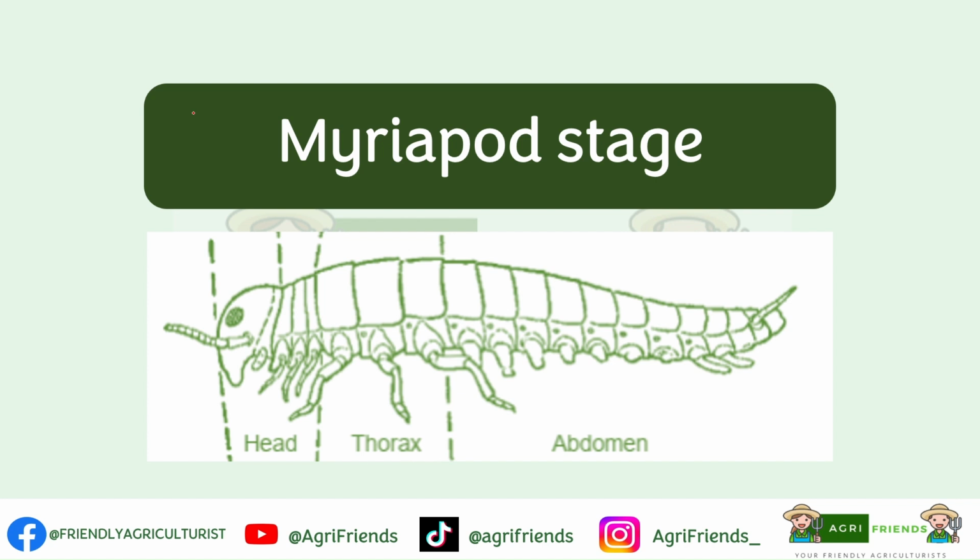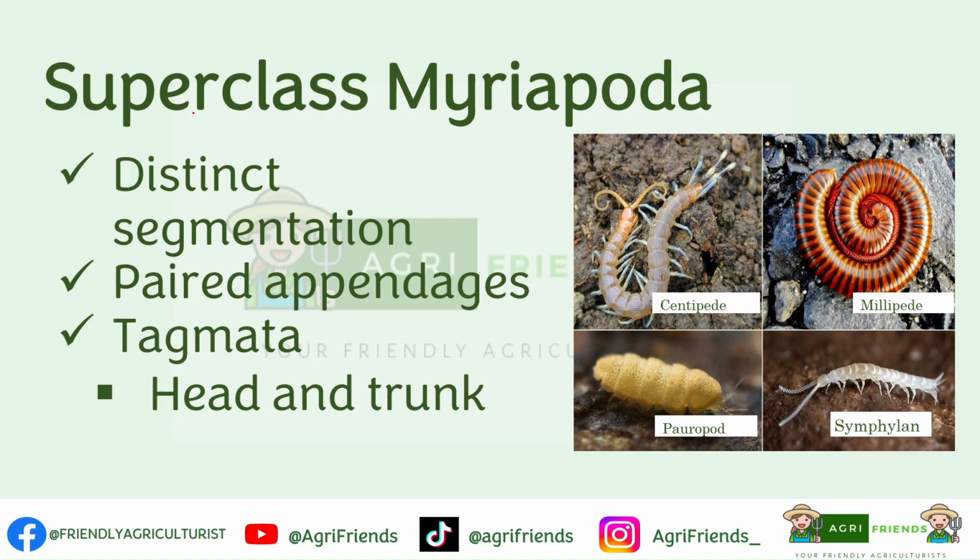And this stage is represented by the superclass Myriapoda. The term myriapod comes from the Greek word myrios, meaning countless, and poda, meaning legs. So they have countless legs or several legs.